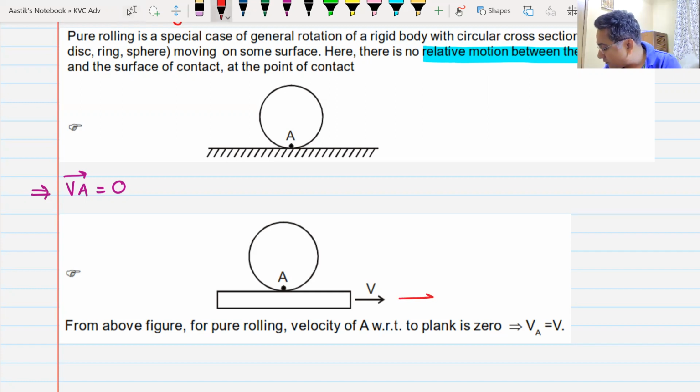If this body is moving with an acceleration a, the tangential acceleration a, this point A must also have the tangential acceleration a. So acceleration of point A must be equal to the tangential acceleration a. Do we understand this? Yes, sir.